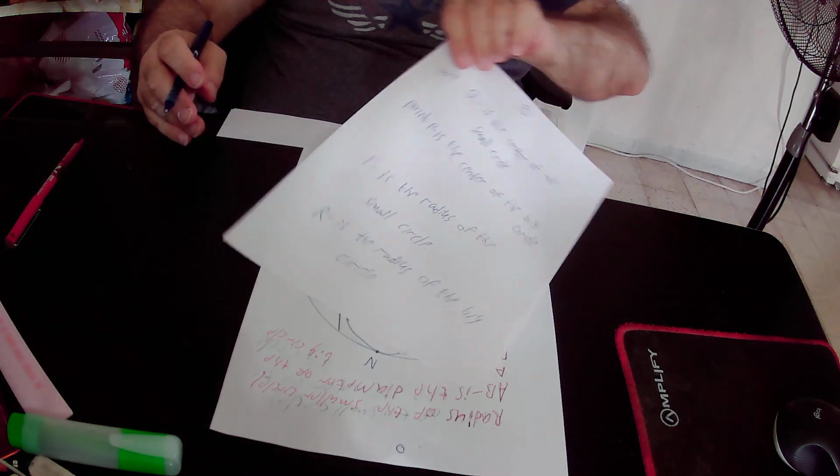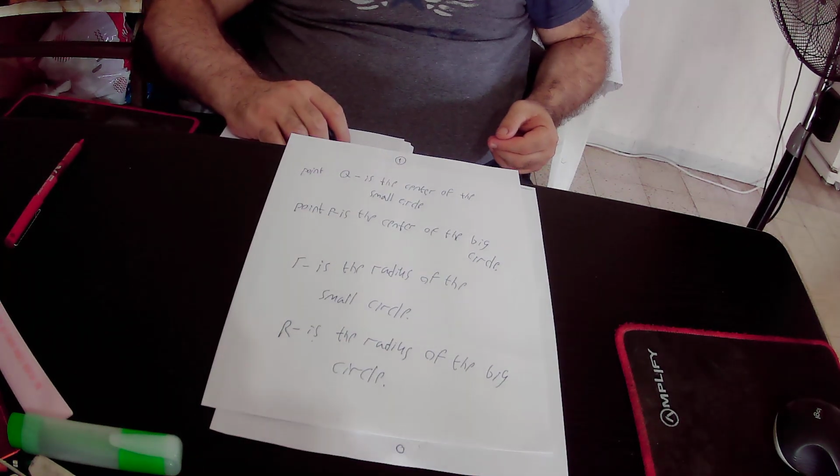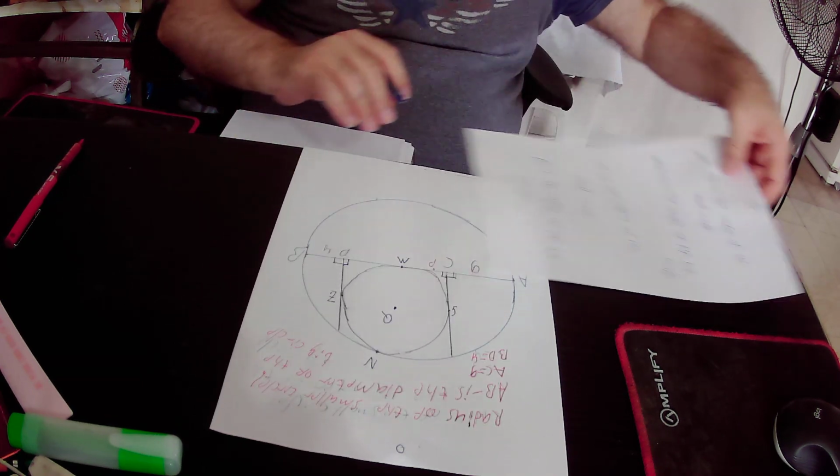So I will read again the things that I wrote. Small r is the radius of the small circle, and capital R is the radius of the big circle.